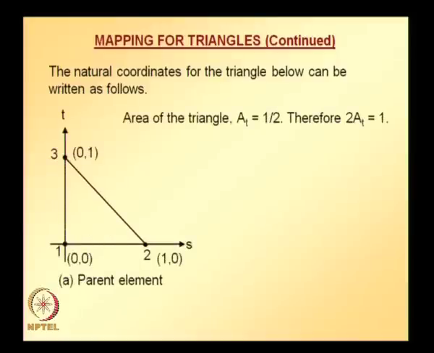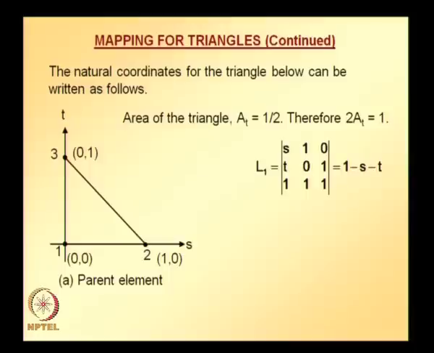So, for this triangle one can easily calculate the area, which is going to be half, and therefore 2A is going to be 1. And for L_i, as I mentioned, when you are trying to find what is L_i, replace the first column of the numerator with, instead of x y, since we are dealing with s and t, replace them with s and t, and the second column and third column consist of nodal coordinates of node 2 and 3.